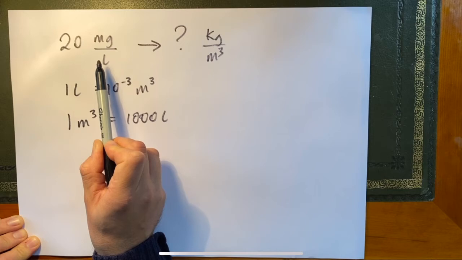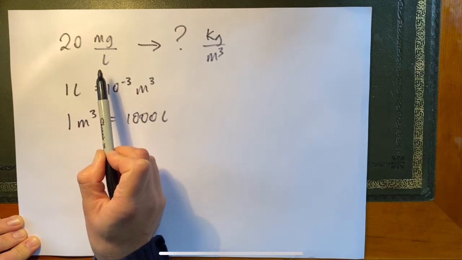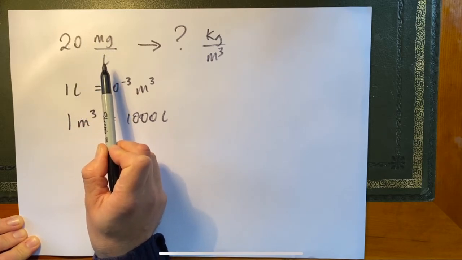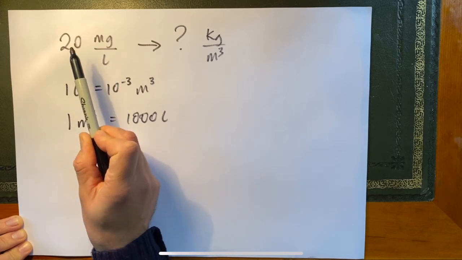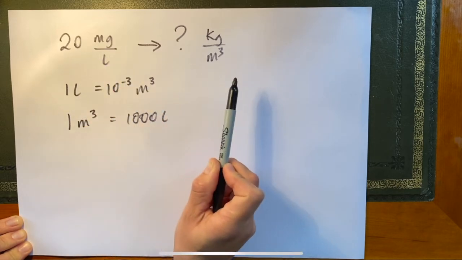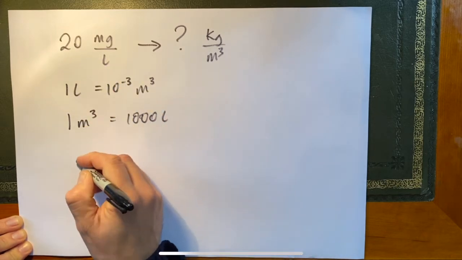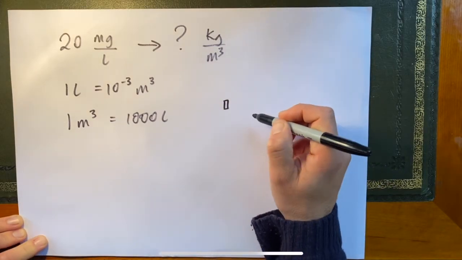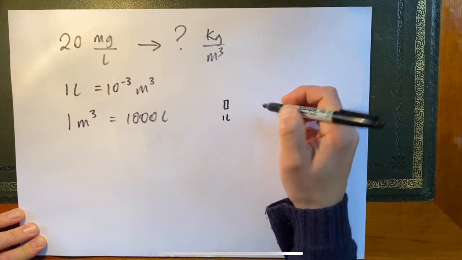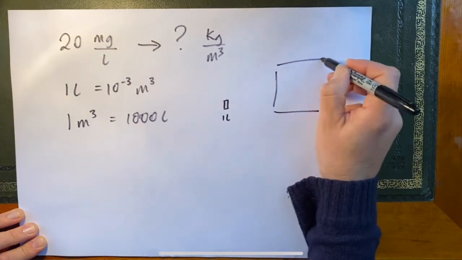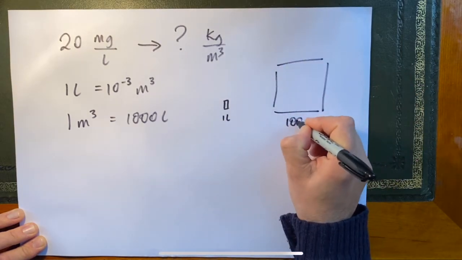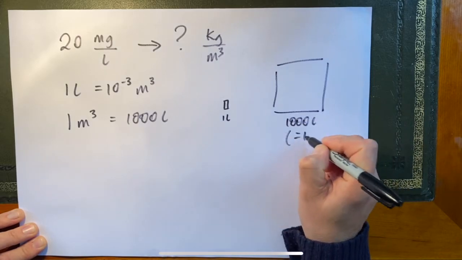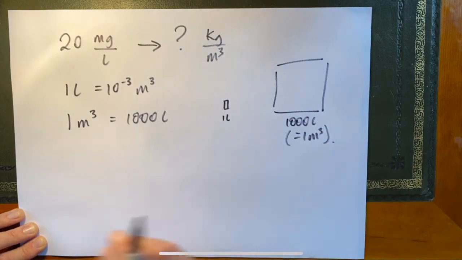So up here we're going from 20 milligrams of whatever dissolved in a litre, say, and we want to know how much would be dissolved in a metre cubed. So we can imagine this as well, if you want to think about this visually. We've got our litre of substance, and then we want to know how much would be in 1,000 litres, which equals 1 metre cubed.